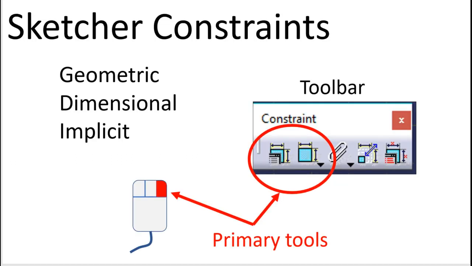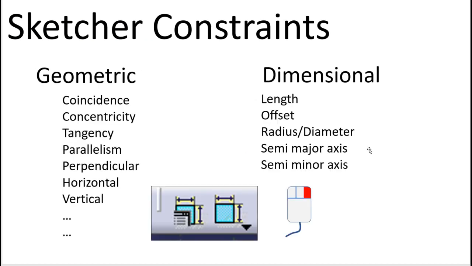For the Sketcher constraints, we have a Sketcher toolbar, and there are two primary tools that are used to set constraints, but the right mouse button can also be used to make constraints in Sketcher. So we're going to be doing geometric and dimensional constraints using the toolbars and the right mouse button. Let's jump into Catia now and take a look at creating these.